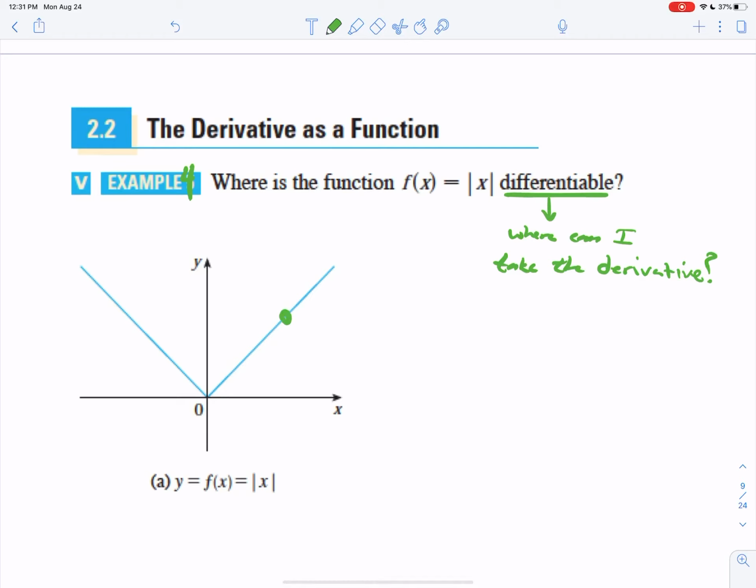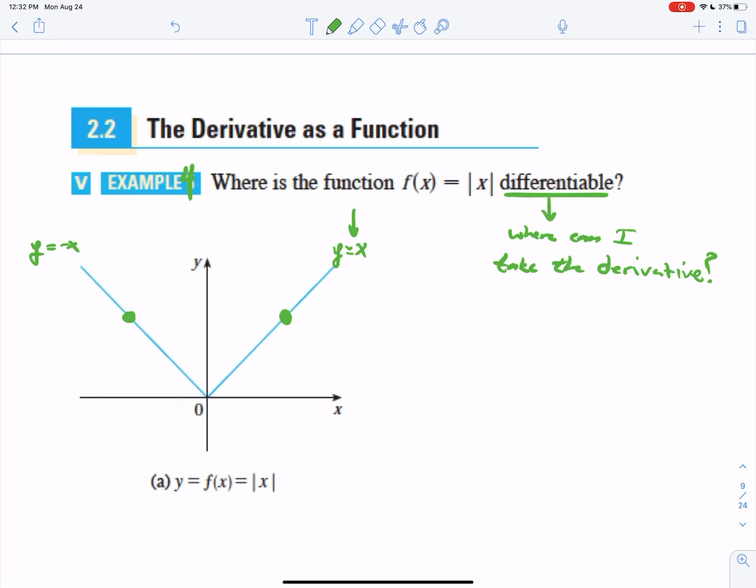If I'm standing right here, can you guys find the slope? Now, for the absolute value of x, that is just the y equals x line right here. So you know the slope is going to be 1 because there's a 1 in front of that x. If I stand right here, you're standing on the y equals negative x line, right?